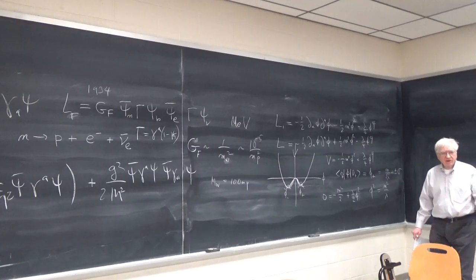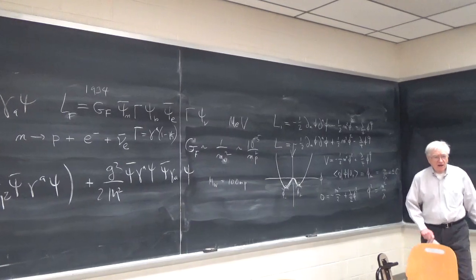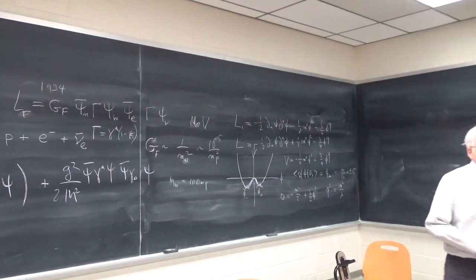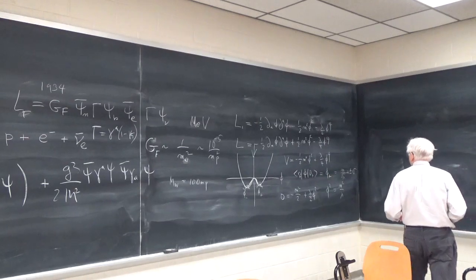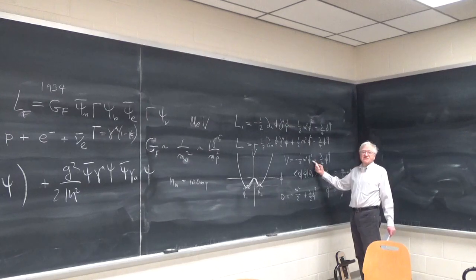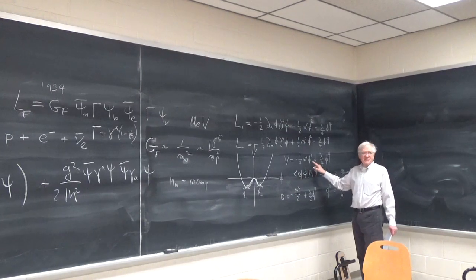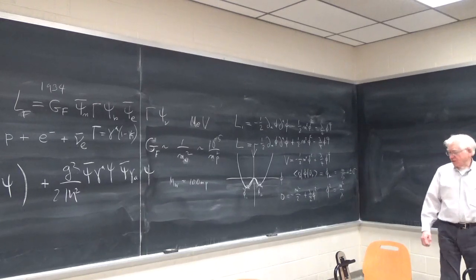Yeah. I remember doing this last semester, but I don't remember how you got to that lambda over 2. What lambda over 2? The equation bottom left. Oh, I differentiate V with respect to phi squared, as opposed to phi, because it's easier. Right.